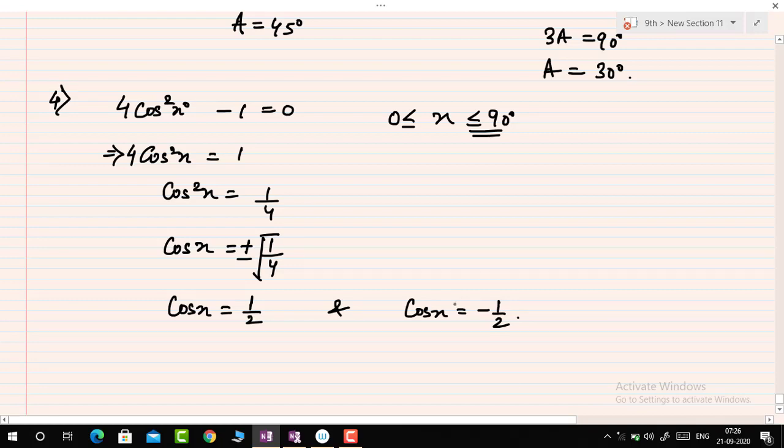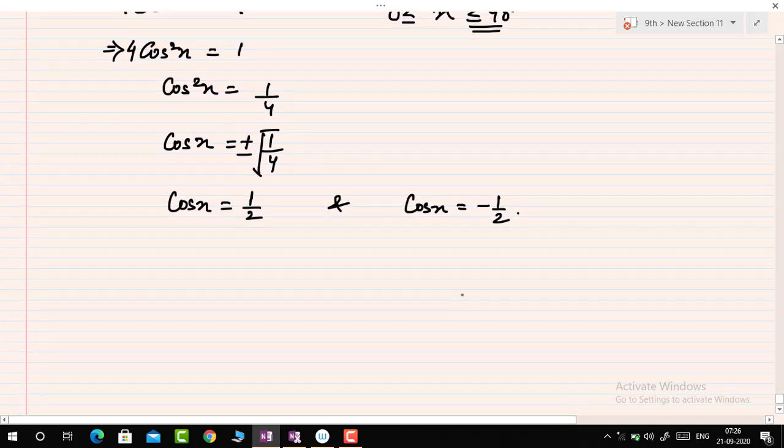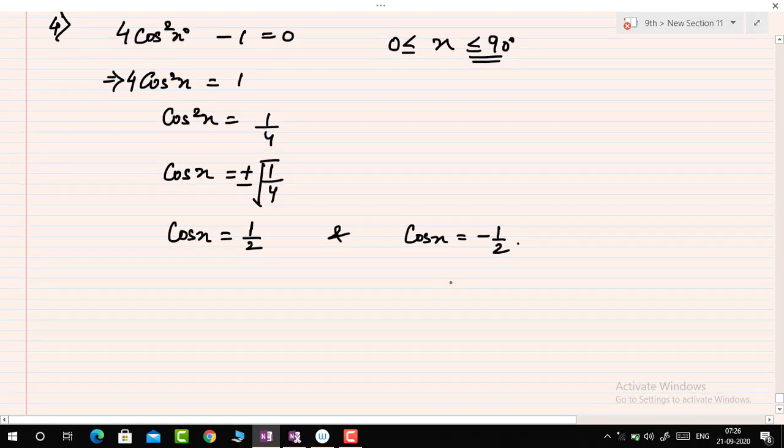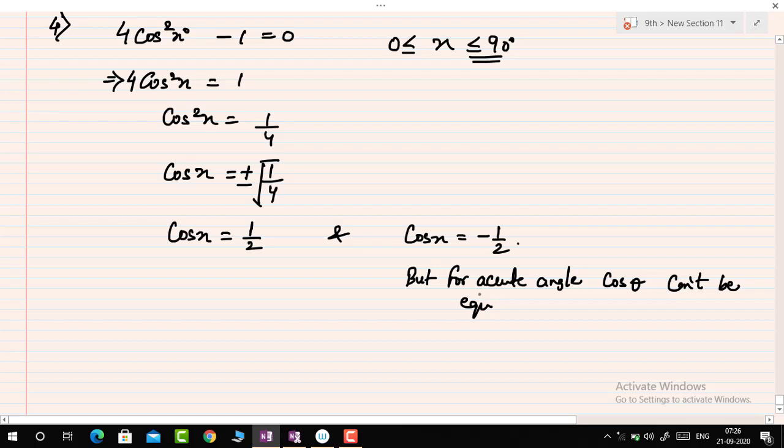But we have seen in the trigonometric table that for angles between 0 and 90 there is no trigonometric function which results in a negative value. So for an acute angle, cos theta cannot be negative.